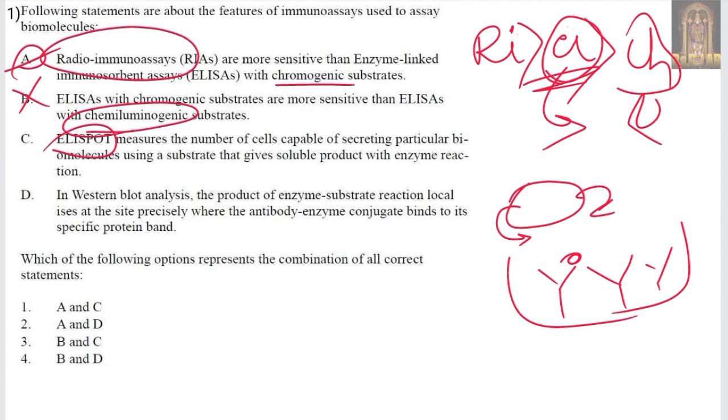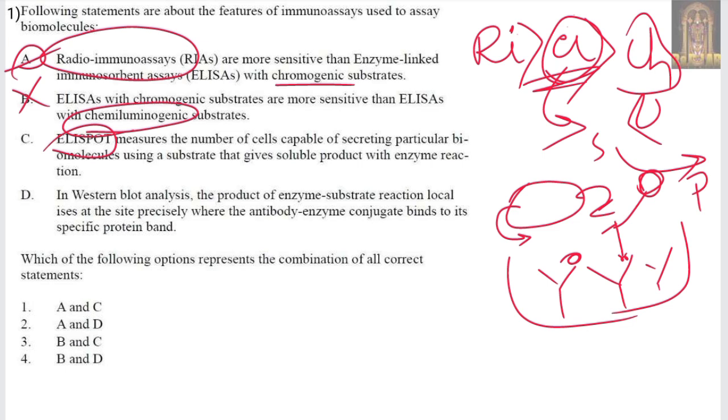So it is secreting some antigen, and that is coming and attaching with the antibodies, and there will be the second antibody, a secondary antibody, having an enzyme which will convert the substrate into a product. That is also happening in the case of ELISA.